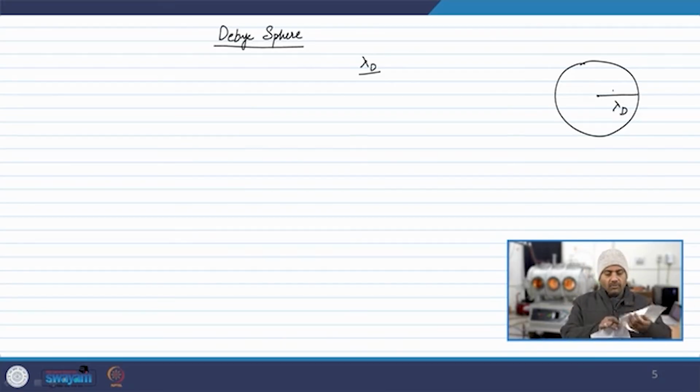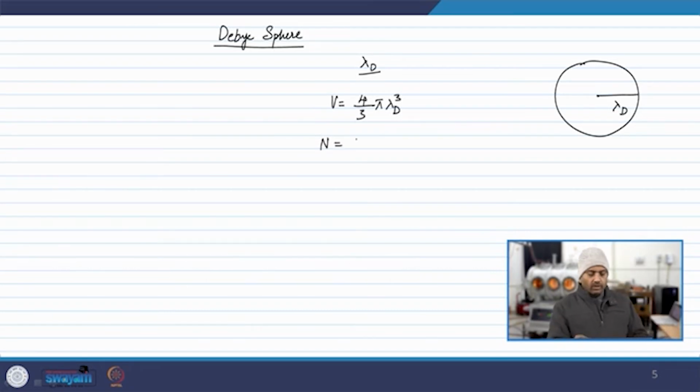So, what is the volume of this sphere with radius lambda d? The volume of such a sphere would be 4 by 3 pi lambda d cube. Now, if this is the volume, how many particles can exist within this Debye sphere? The number of particles inside the Debye sphere would be n naught, the charge density of plasma, multiplied by 4 by 3 pi lambda d cube.